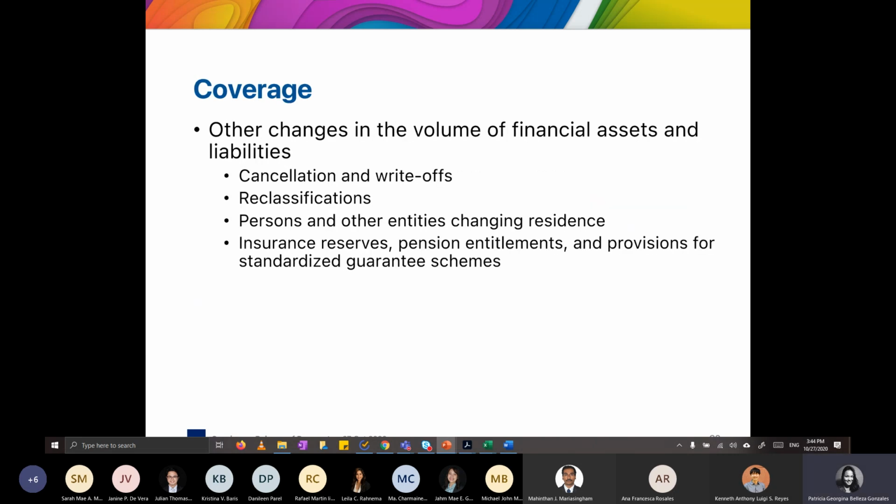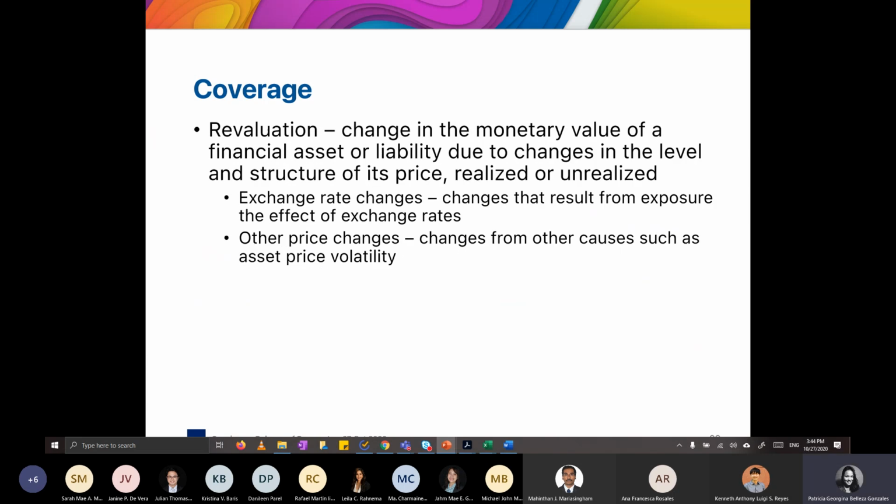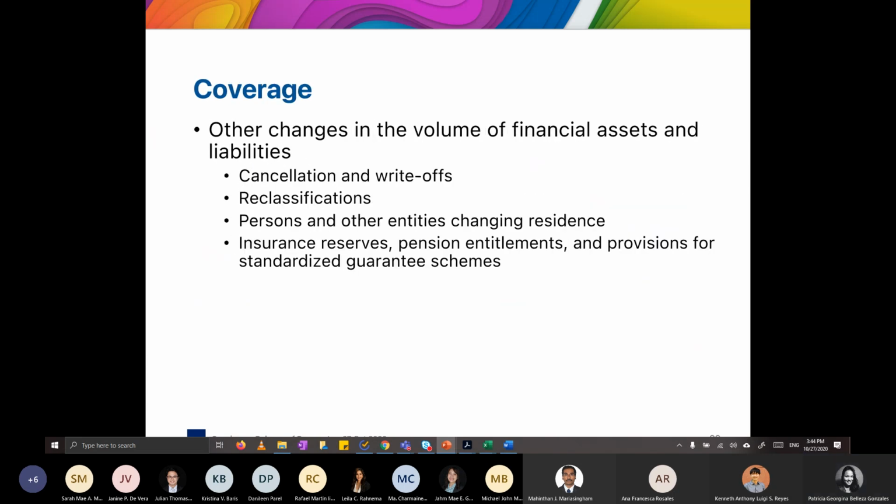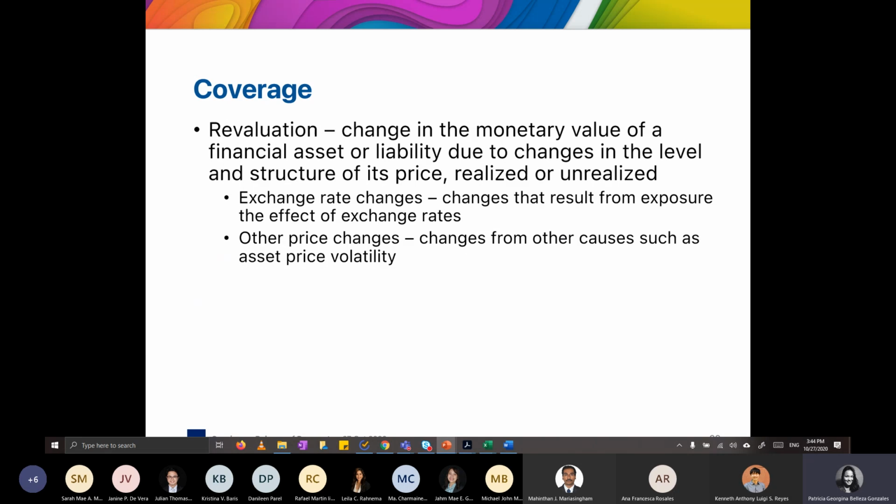It is primarily classified into two. You have other changes in the volume of financial assets, and then you have changes in the value of financial assets, which we put here under revaluation.